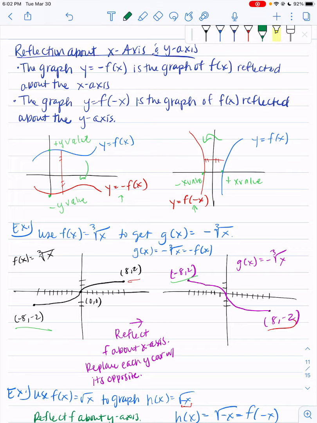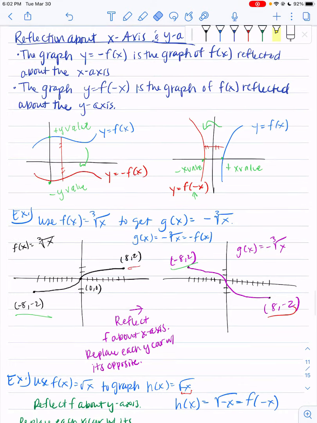So I like to think of it like in these graphs that I have. When I am changing the y value here, because I have the negative on the outside, that's going to affect my y value. I have a negative f of x. So if I'm changing the y value to negative, that's why I'm flipping over the x-axis.